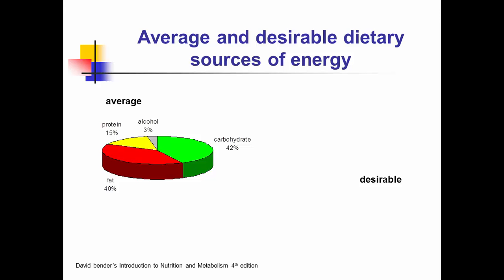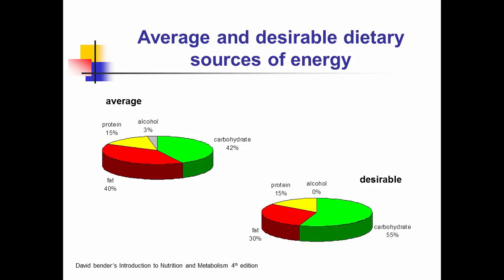And for the desirable, if you compare this, we want to have carbohydrate at 55%, and fat at 30%, and protein is okay. I mean, we probably have too much fat in our diet, and also alcohol. We consume too much alcohol.